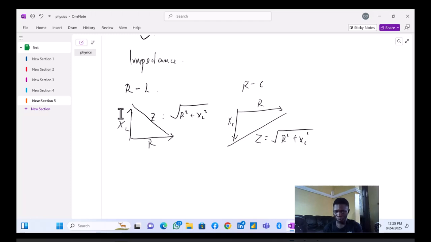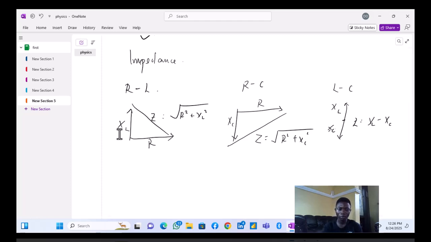I also remember we said for the LC circuit that it is just the straight line, because in the middle we have the XL here and XC here. So the impedance is XL minus XC. It's very simple.